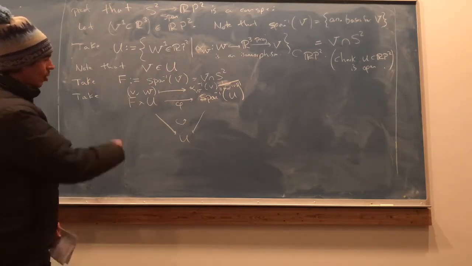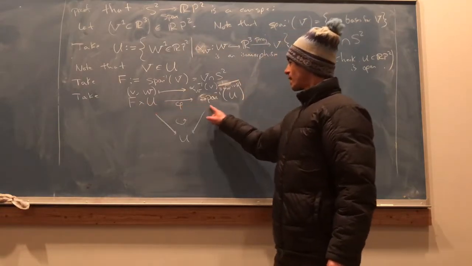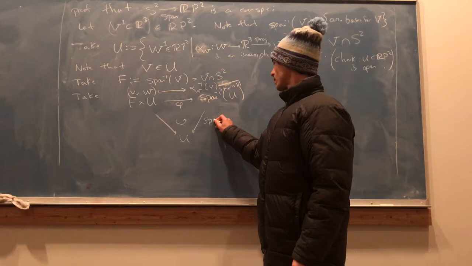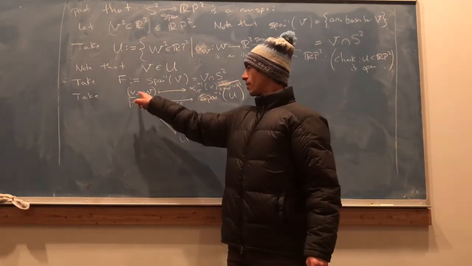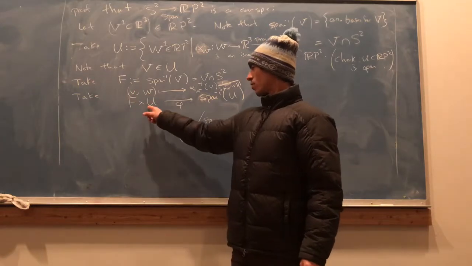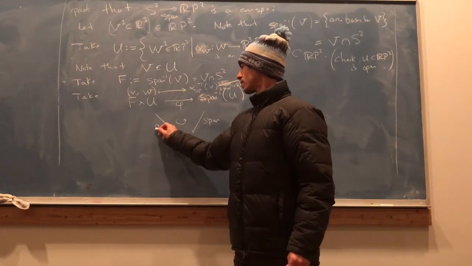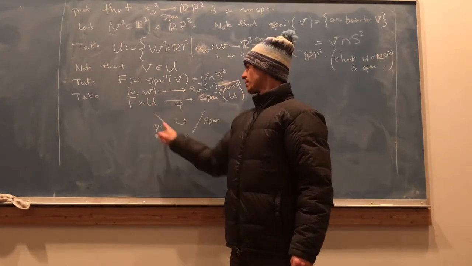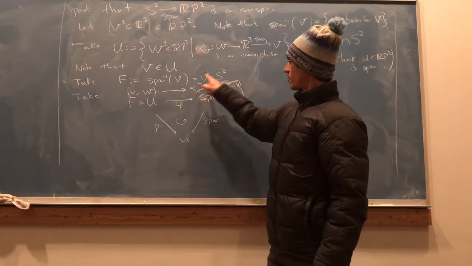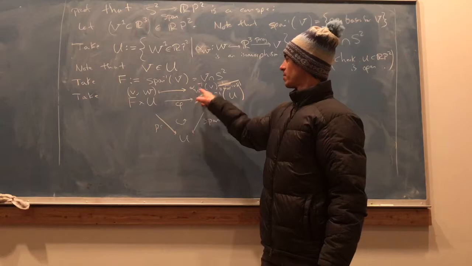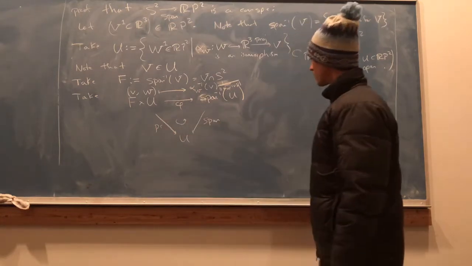Why is it a homeomorphism? First note that if you apply phi and then span, that will be the same as just projecting off of the F coordinate. Indeed, this projection evaluates as capital W, whereas this produces some unit vector in capital W, and then the span of it is just capital W. So indeed, this commutes.